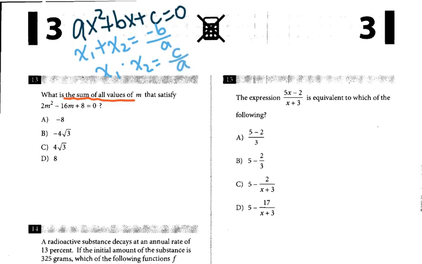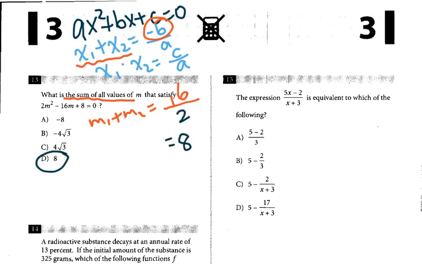That's the formula. So basically, the sum of all values means x1 plus x2. That is m1 plus m2. You will get negative negative 16, since negative b means the opposite of b. So I got 16 over 2. You will get 8. That's all.